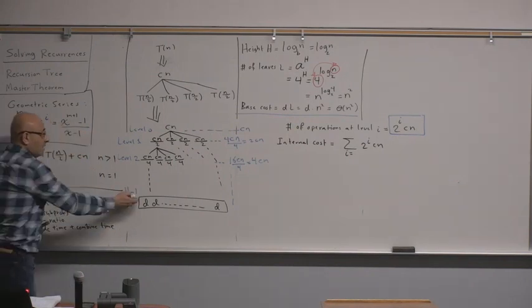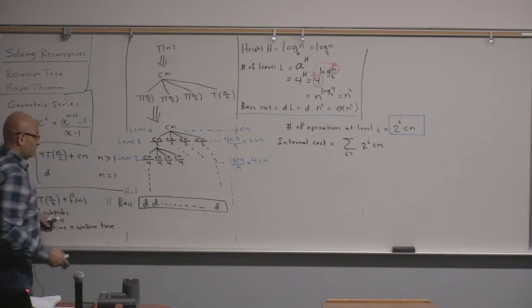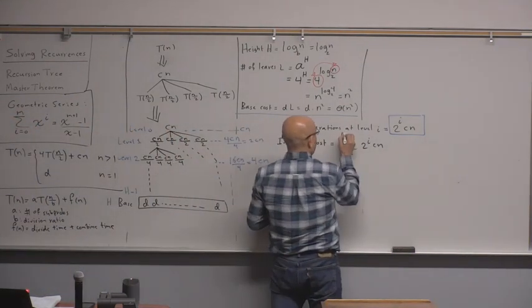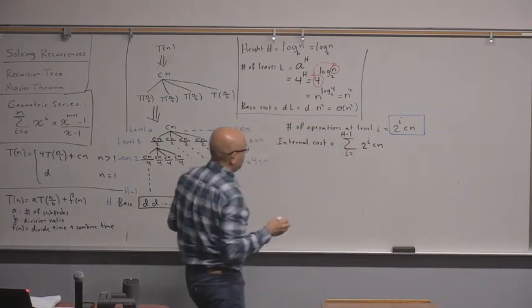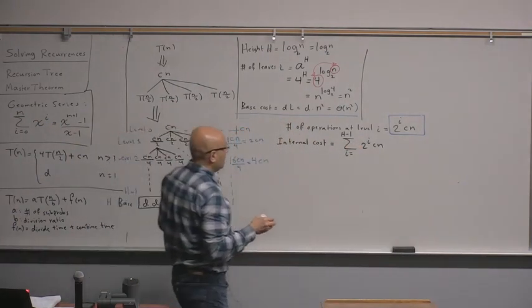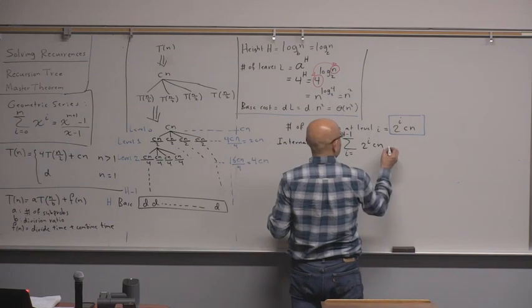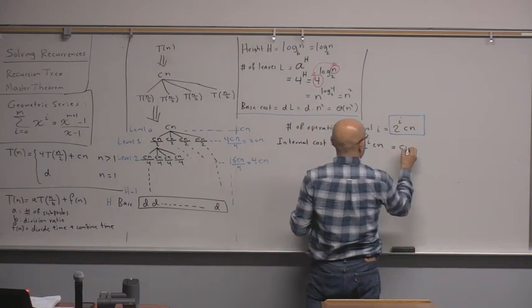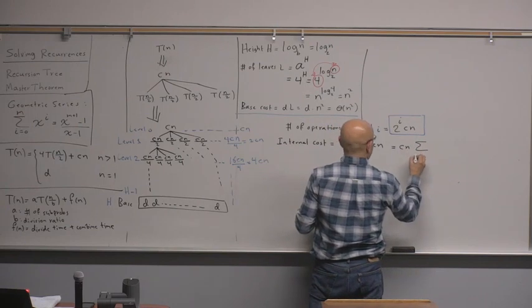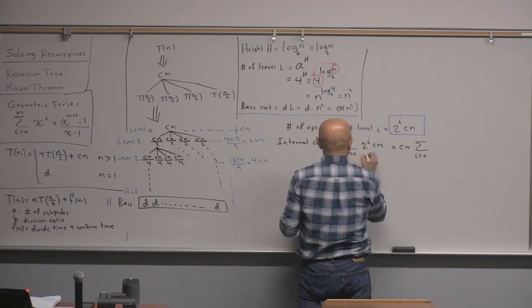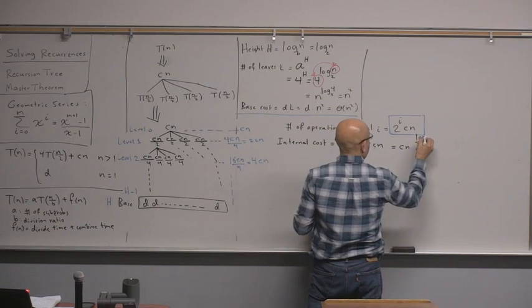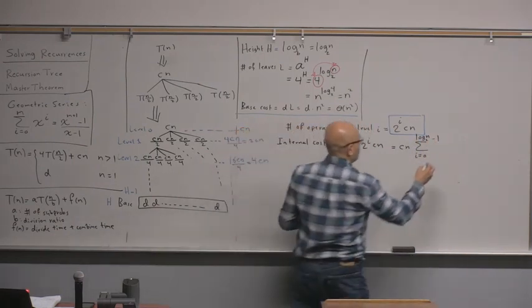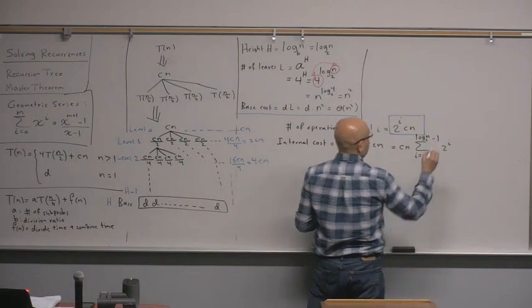The last internal level is level h minus 1. So this is equal to Cn times the sum for i equals 0 to log n base 2 minus 1 of 2 power i.